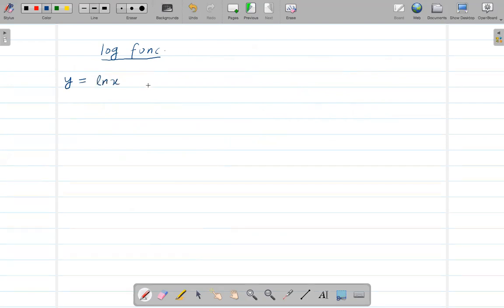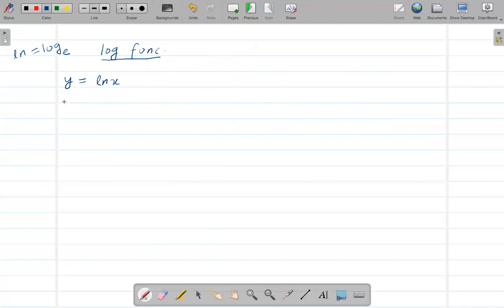So when we take the derivative of a natural log of x, this natural log of x is the same as log base e. And e we said is a special number, right? e is equal to 2.71, something like that.